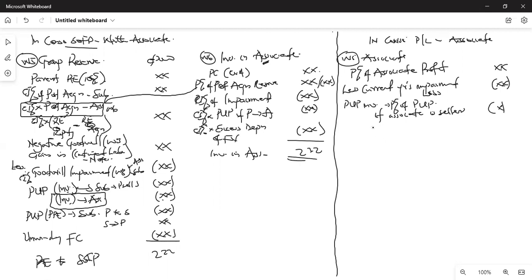Okay. Then we have what? Excess depreciation. Parent share of excess depreciation. The ones that you see here. On fair value adjustment.